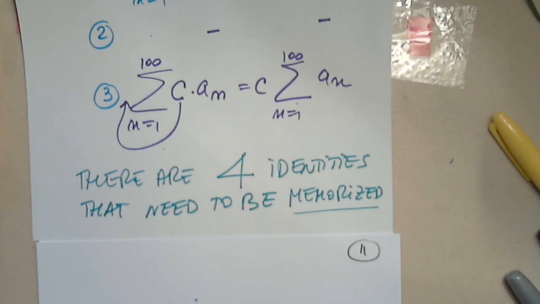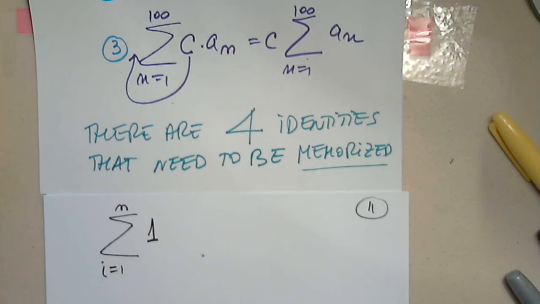Okay, here's the first one. The sum from i equals 1 through n of 1, just digit 1. Here's the second one. From i equals 1 through n of i.